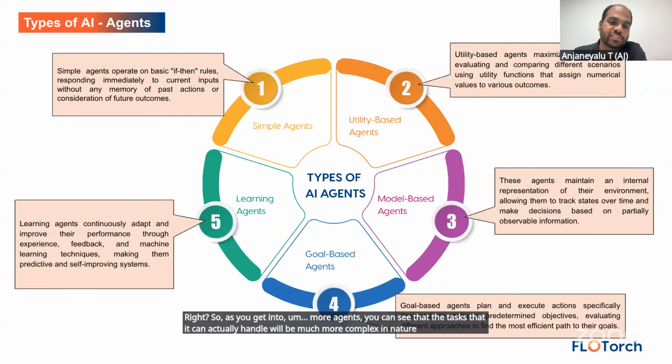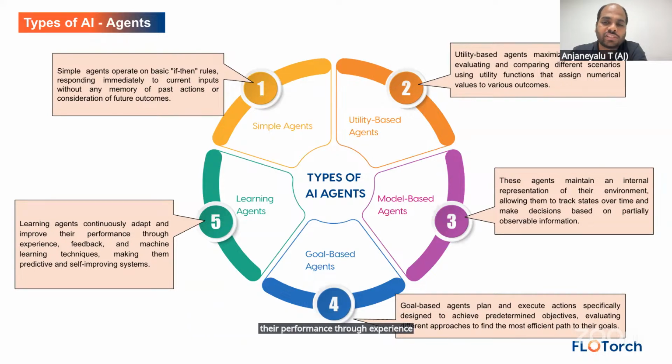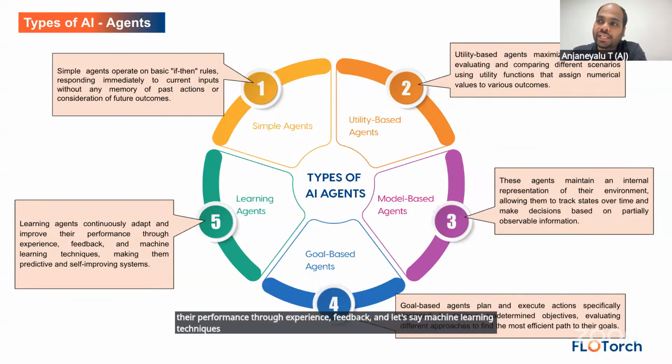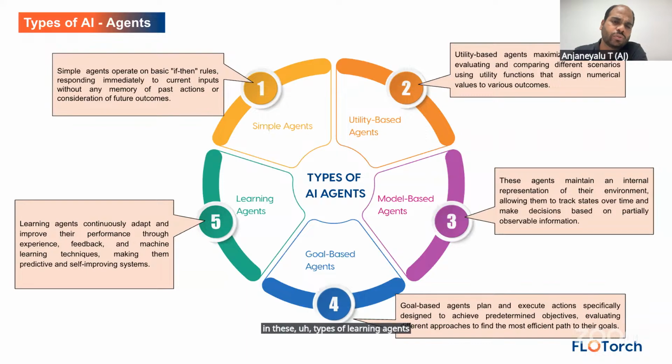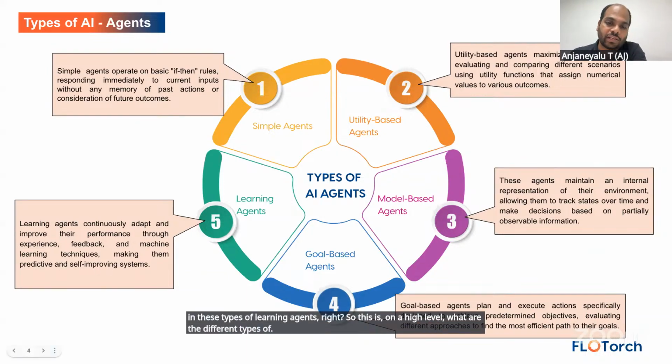Learning agents are very, very adaptive in nature. Based on their performance through experience, feedback, and machine learning techniques, they learn a lot. So this is, at a high level, the different types of agents that are available.